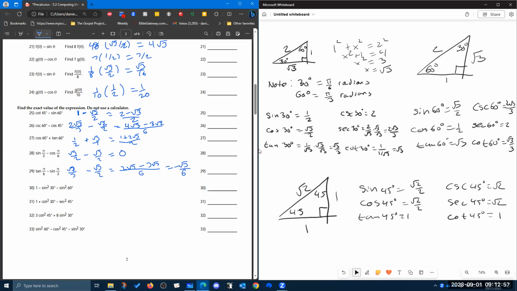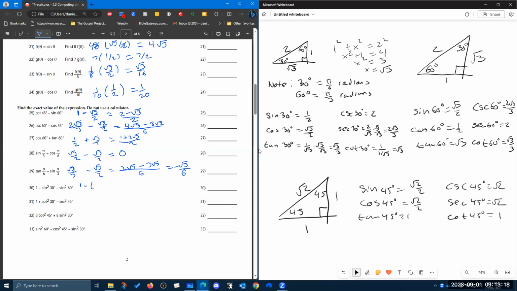Now, we have some work to do here with this one. We need to change everything into 30 degrees or 60 degrees, or let's just evaluate it with the numbers that we have. That's okay. We don't need to use our complementary angle theorem.